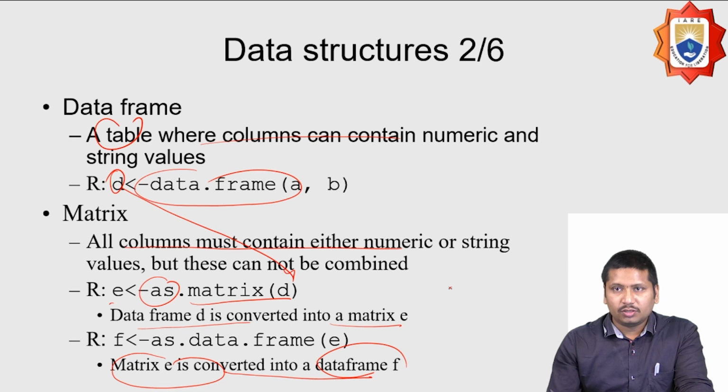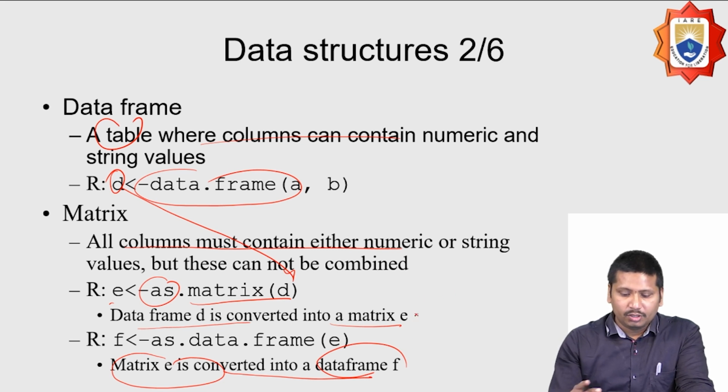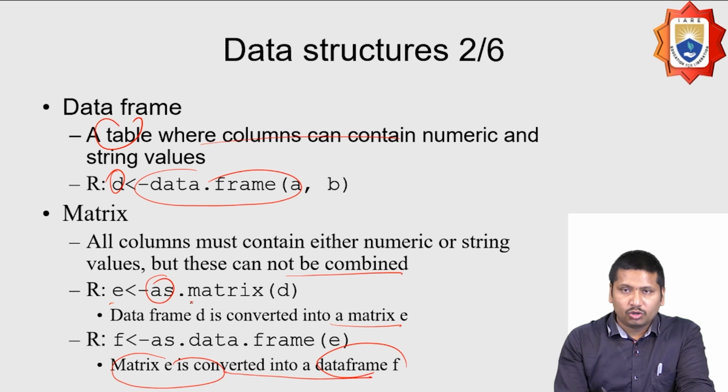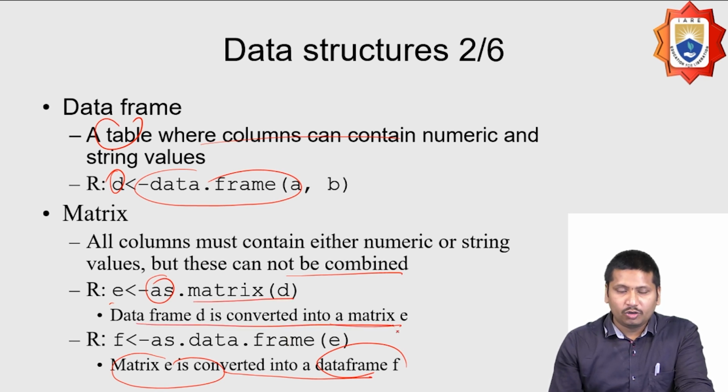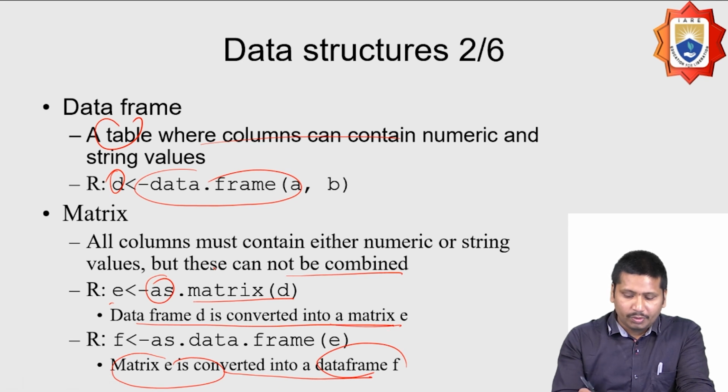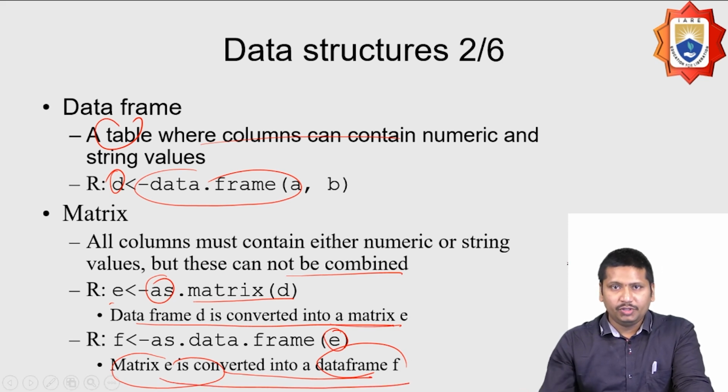So like this, vice versa can also be done here in our programming. All the columns must be either numeric or string and should not be combined. So as.matrix of d converts the data frame into a matrix, and in the same way the matrix can again be converted into a data frame.